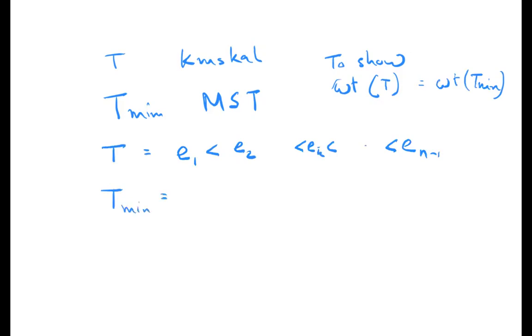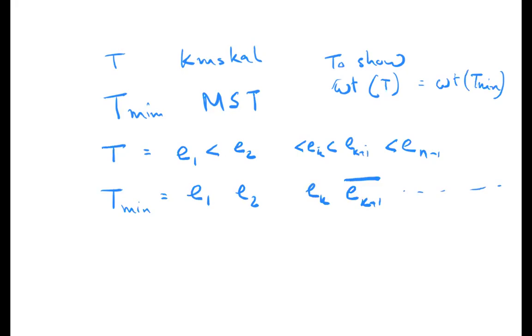T mean contains E1, E2, up to EK, but it doesn't contain EK plus 1. It contains EK plus 1 bar and something else. So this is the first place where T and T mean differ.